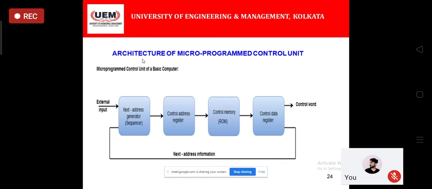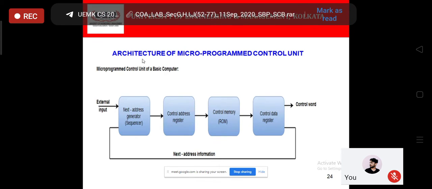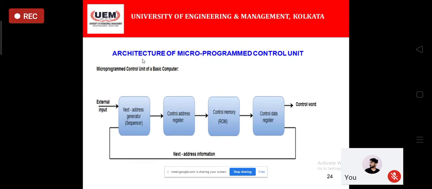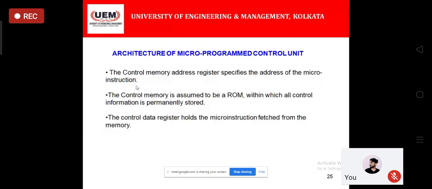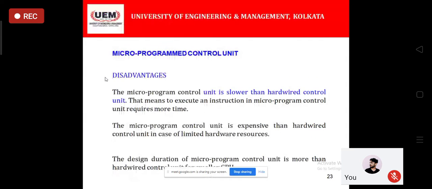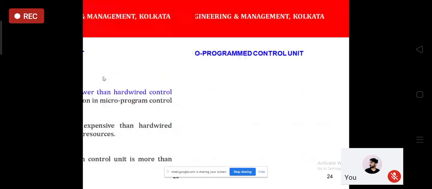Same question: explain and draw the architecture of the microprogram control unit. For every section you have to draw this diagram and explain, in 2-3 slides or maybe 10 or 12 points. These are the 2 big questions.